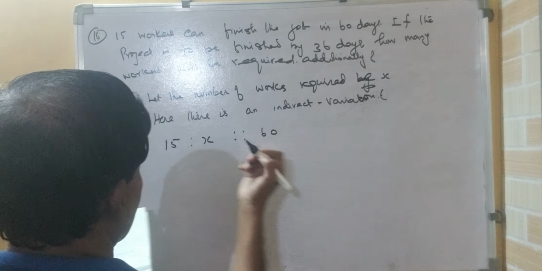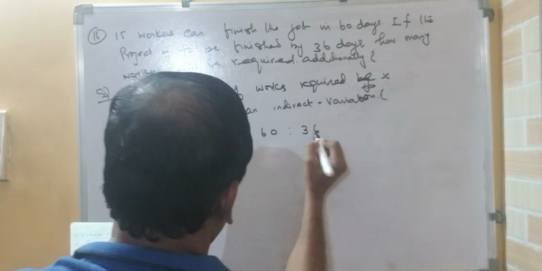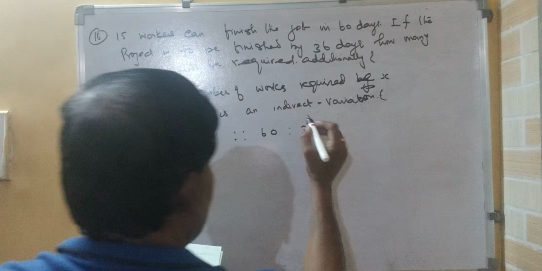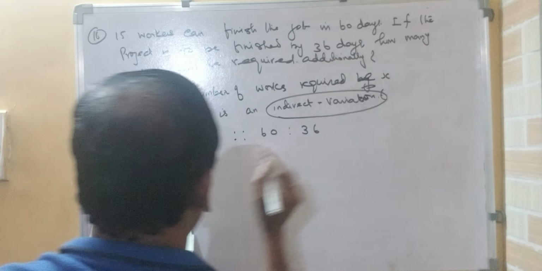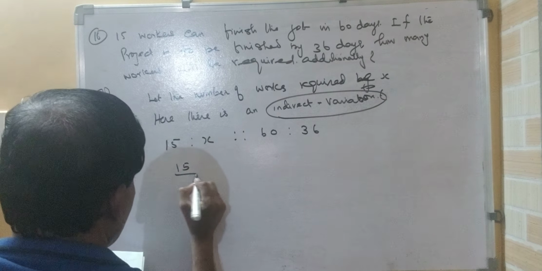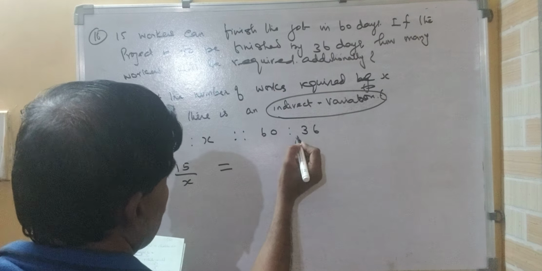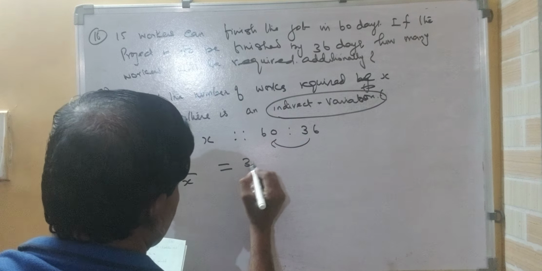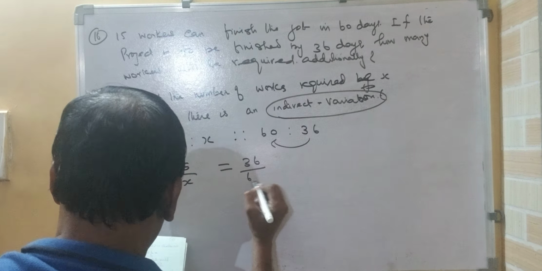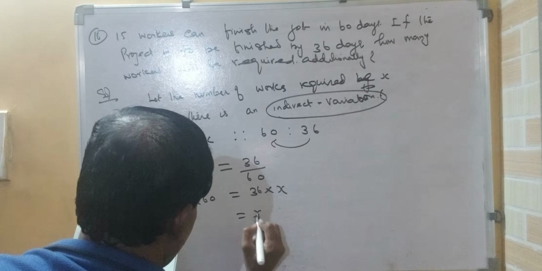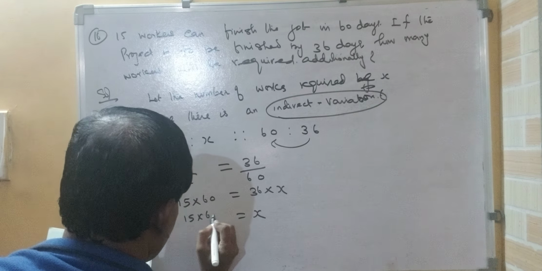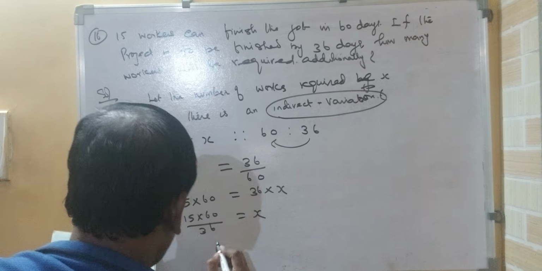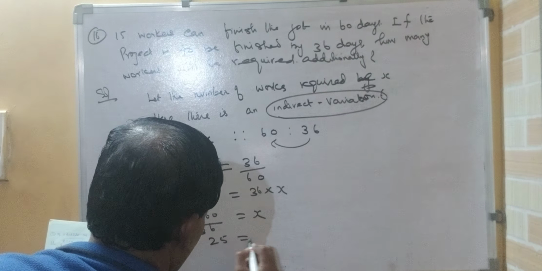Now, how many workers are required to complete it in 36 days? It is in indirect proportion or indirect variation. Therefore, 15 upon X equals, here you have to write it inverted, 36 upon 60. So, 15 into 60 equals 36 into X. So, X equals 15 into 60 upon 36. So, X equals 25.